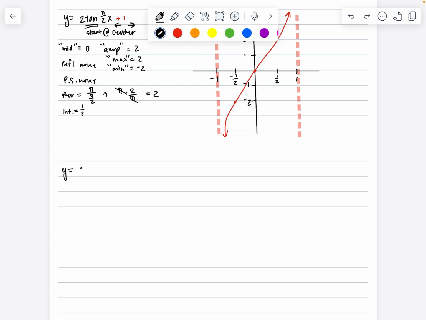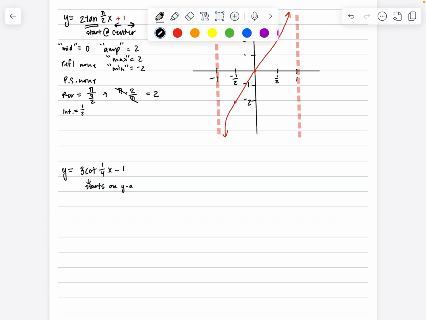Let's say this is 3 cotangent of 1/4 x minus 1. Okay, so a cotangent wave.